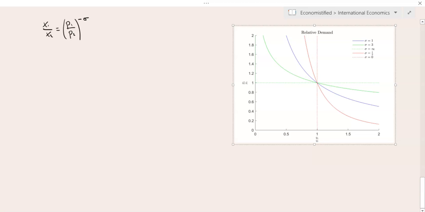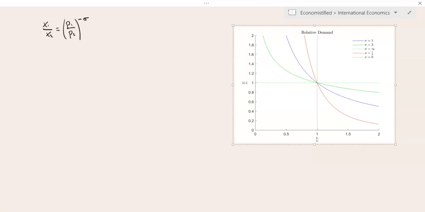And when sigma is arbitrarily large, we get this perfectly flat relative demand curve. In other words, if the price of good 1 relative to good 2 increases even slightly, I'm going to substantially reduce my consumption of good 1 relative to good 2.